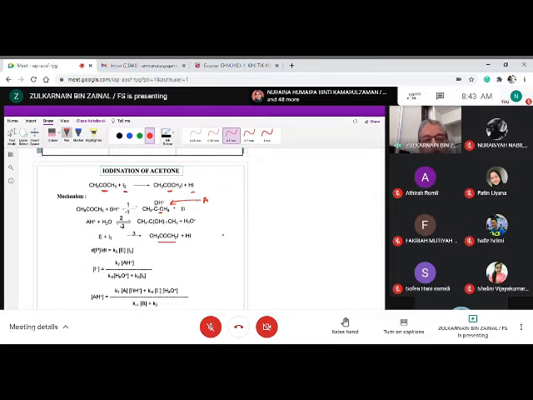So it involves several steps there, right? As you can see, it involves 1, 2, 3, 4, 5 steps actually, even though we only see 3 steps here because 2 steps are in equilibrium. So then you can write the rate of reaction as dP/dt = k3 E times I2, based on the last reaction which produces the product.